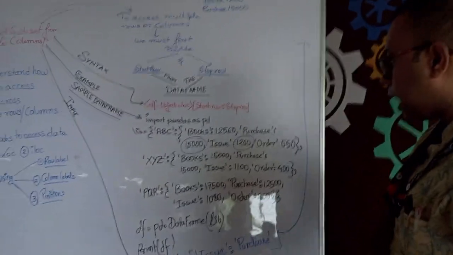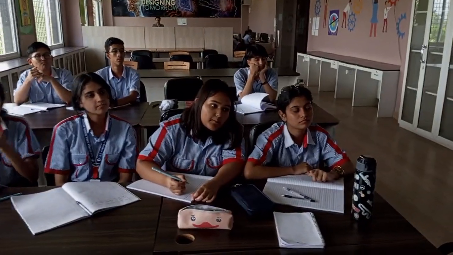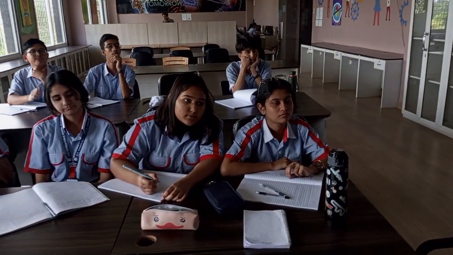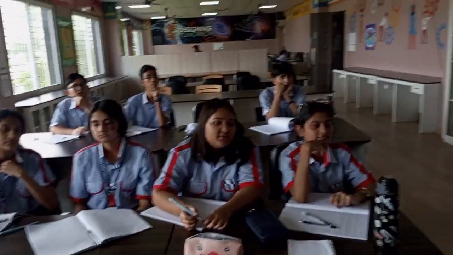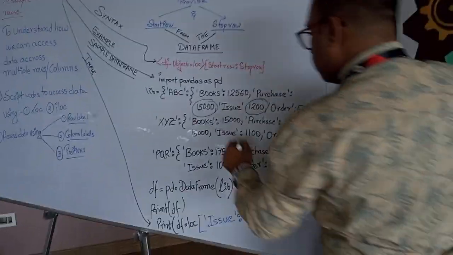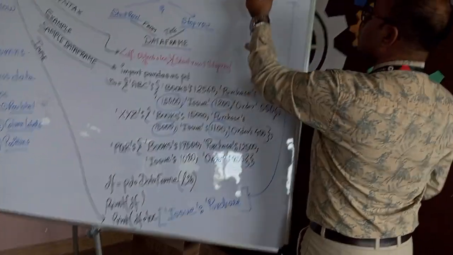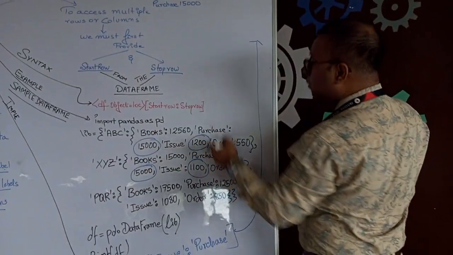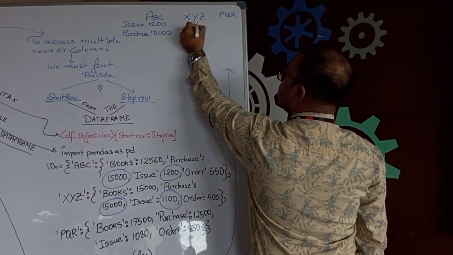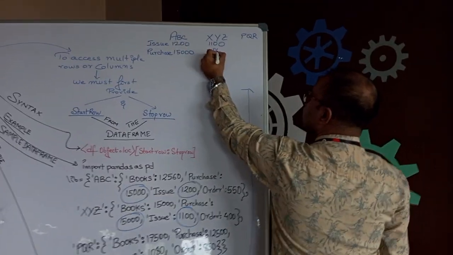Now let us make it interactive then. Ishika, tell me what will be the value of issue and purchase of XYZ. 15,000 and 1100. Good. So it will go here, right? So what will go first? Issue 1100 and then 15,000.